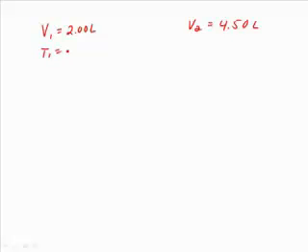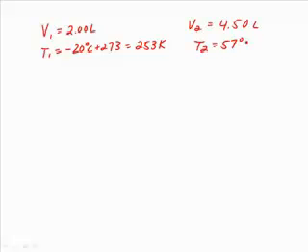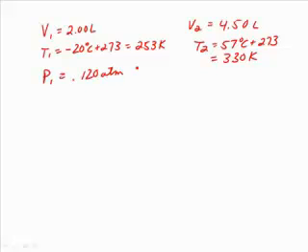T1 is -20, that's going to give me 253 Kelvin, and T2 is 57, and that's 330 Kelvin. And my P1 is 0.120 atmospheres, and I want to know what P2 is.